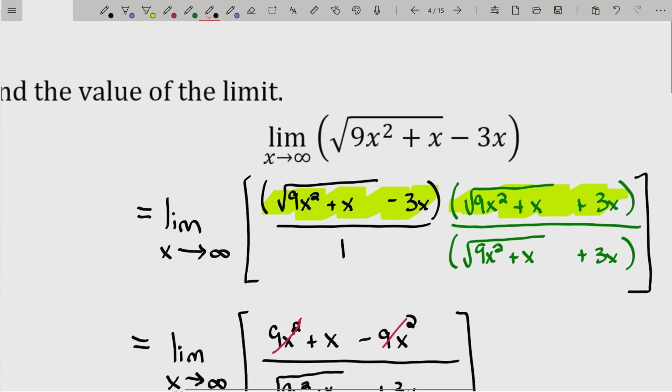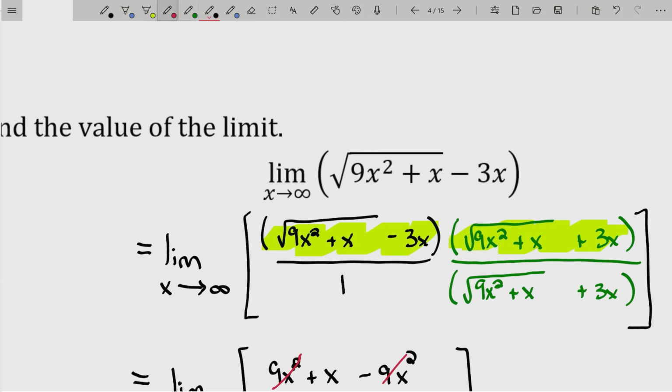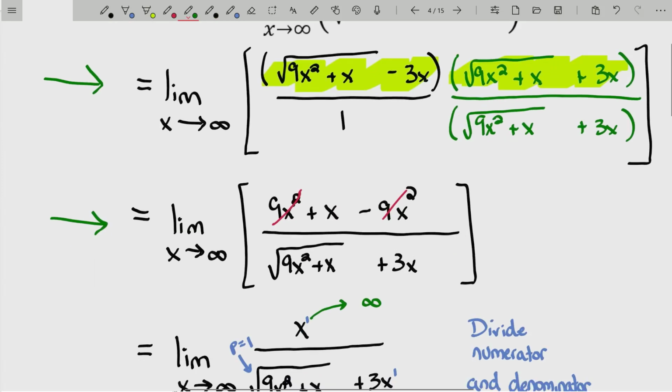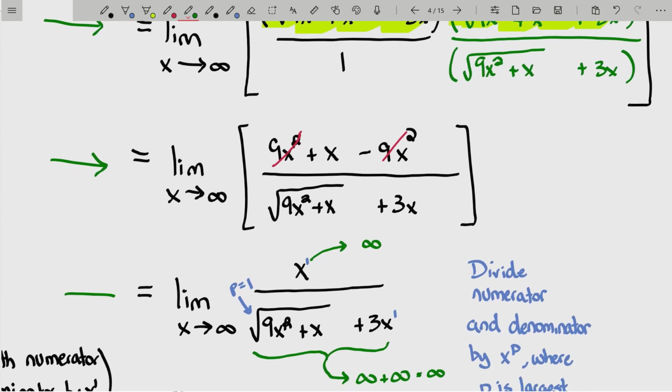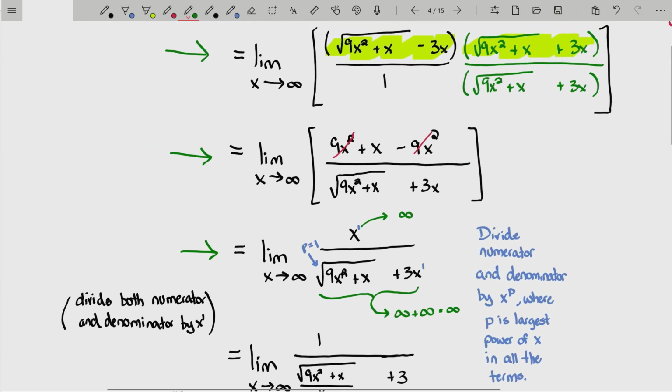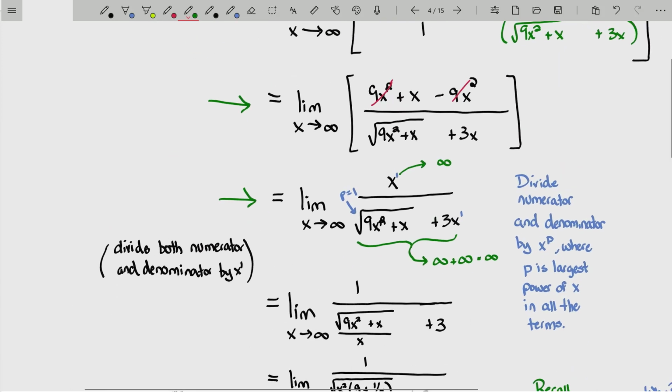So instead, I'll multiply by the conjugate. Everybody would do that step, because you have to do the algebra to simplify it. And everybody would get to here. That you can't avoid. And then everybody would divide by x.